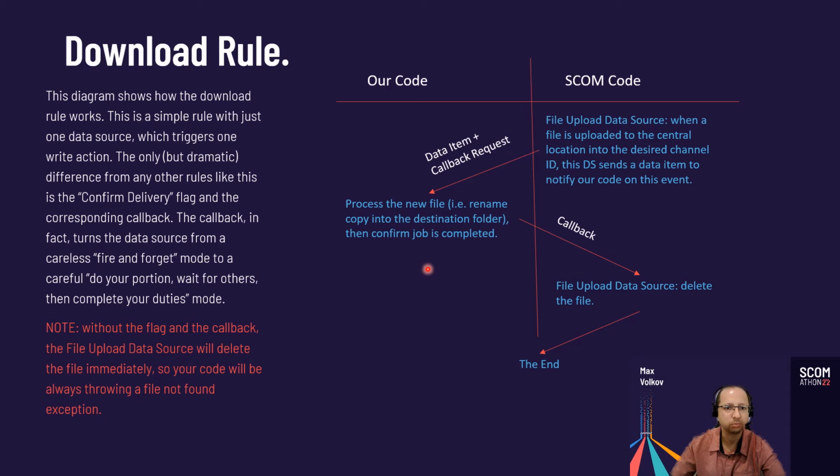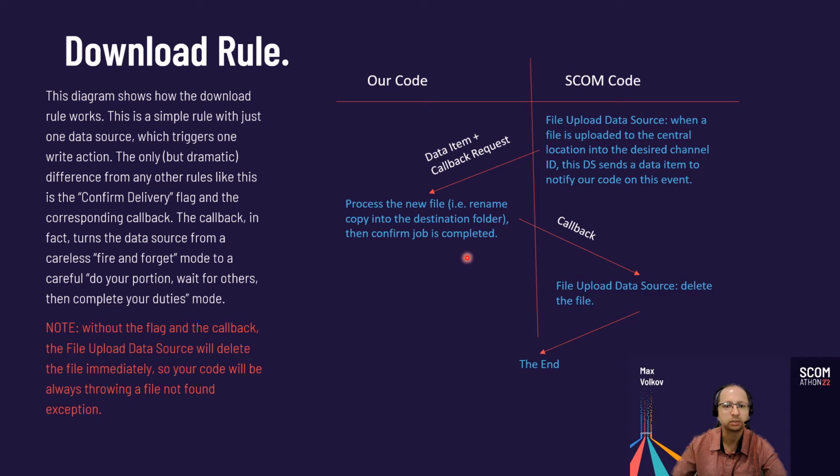In this example, we simply copy it into a permanent location, but you can process the file, extract information, insert it into database, or do some correlation, whatever you need for your scenario.